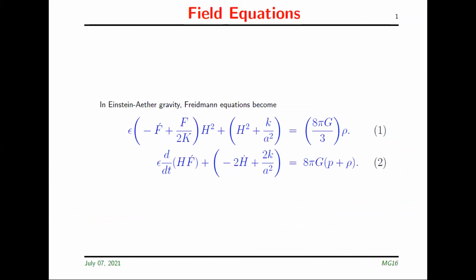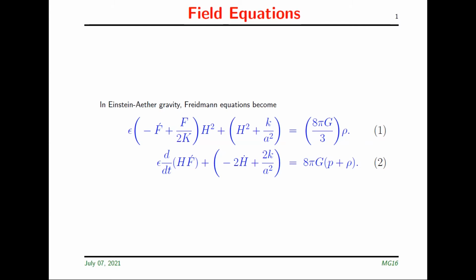So in general, the Friedmann equations for the FRW metric can be obtained in equations 1 and 2. Here f prime represents the derivative with respect to K, and kappa represents the geometry of the universe in the FRW metric, however capital K is the basic entity of Einstein ether gravity.